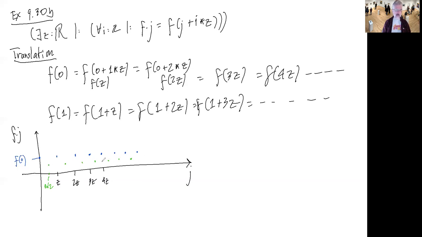It'll be in the same place all the way forward. And if I do one more, z over 4, and let's say it's up here, then it's going to be up here everywhere along the way.